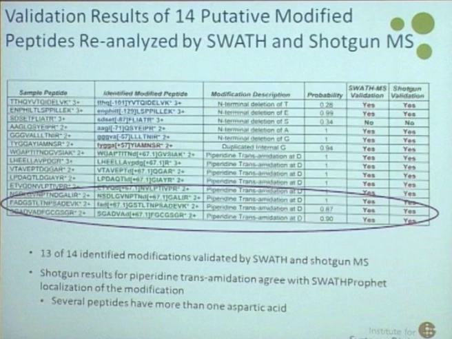And so 13 of these were easily validated by both techniques. And then a number of these have different modifications that could easily be attributed to modifications when there were multiple amino acids at the same time, but localized to the one that actually had that modification.